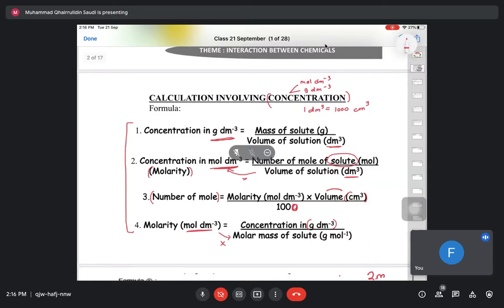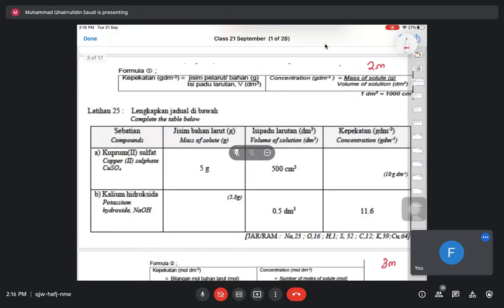Okay, next. We will start with exercise 25. Please open your module exercise 25. For exercise 25, the total will be 2 marks: if you got this one right, it is 1 mark, and this one is another 1 mark.